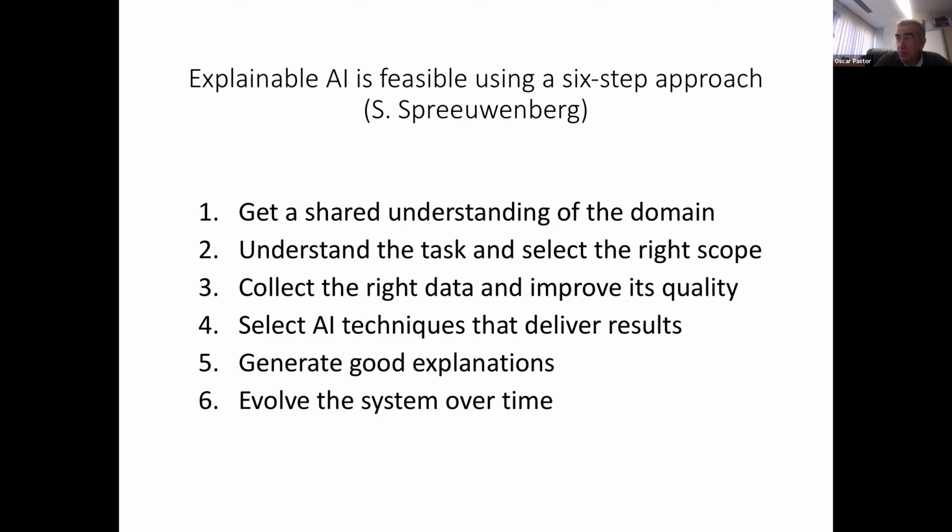And if you look at these 6 steps, the first one is just conceptual modeling, is the most important one. Get a shared understanding of the domain. Getting a shared understanding of the domain should be the very first step that we apply when we are trying to understand why whatever software system is doing what it is doing.